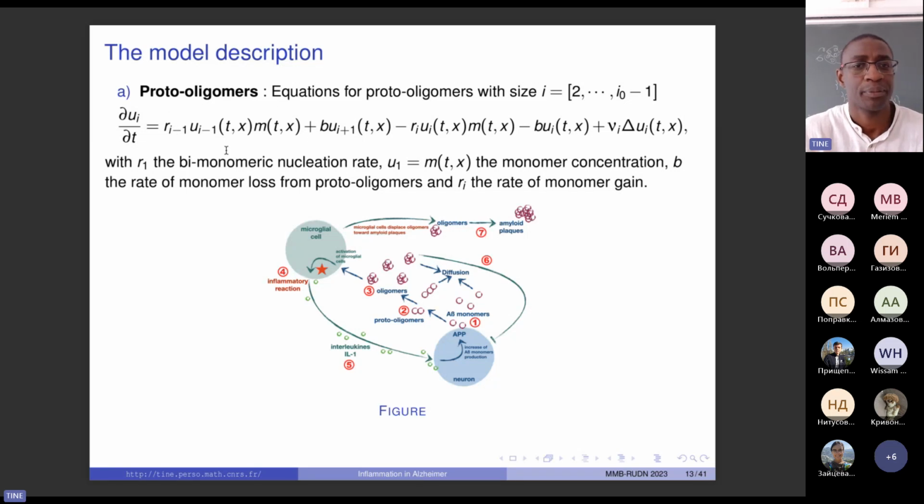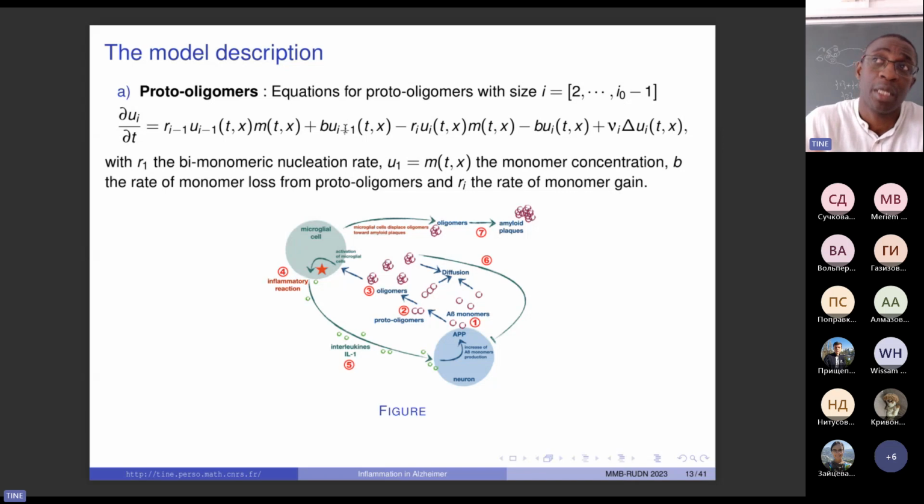This is a gain term. This other term is also a gain term: when a proto-oligomer of size I+1 loses one monomer, it comes back to size I.